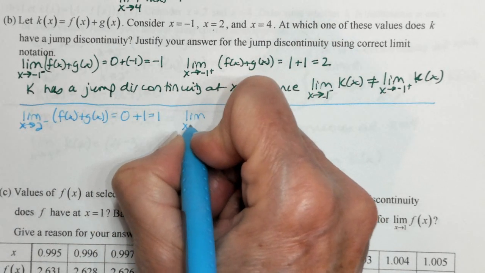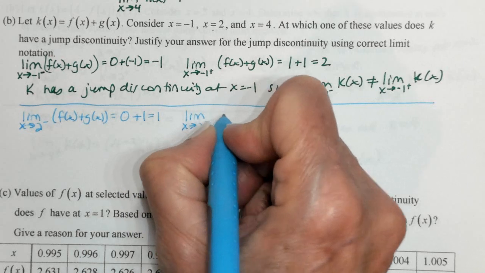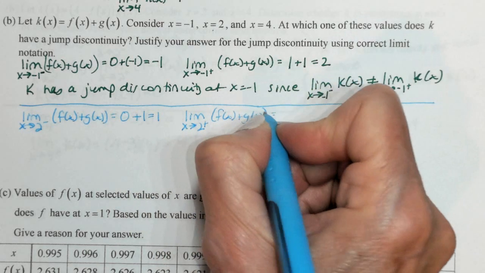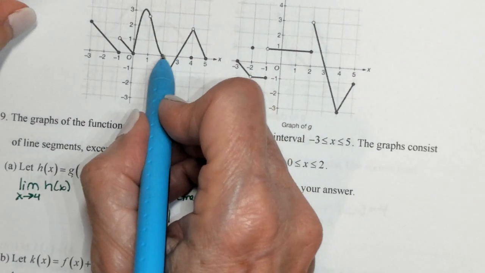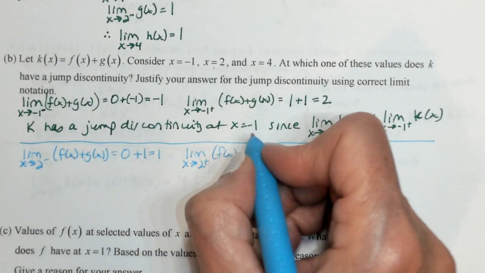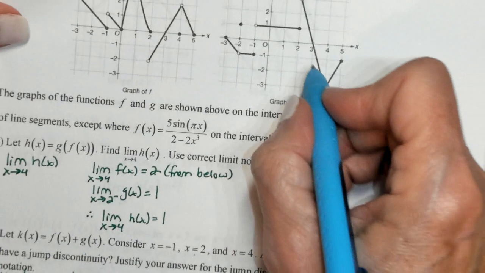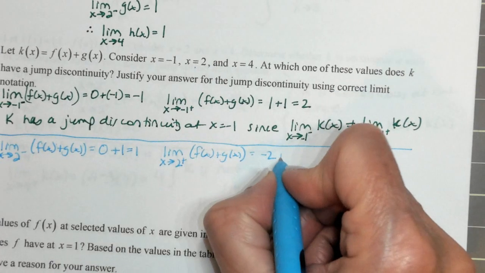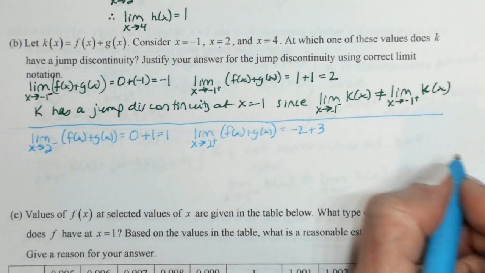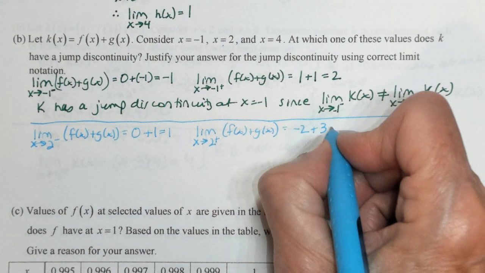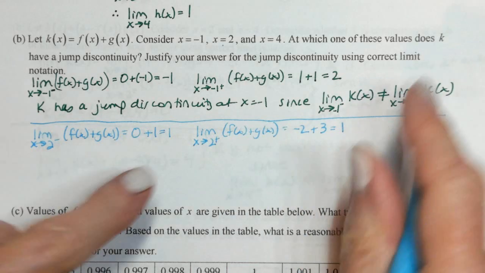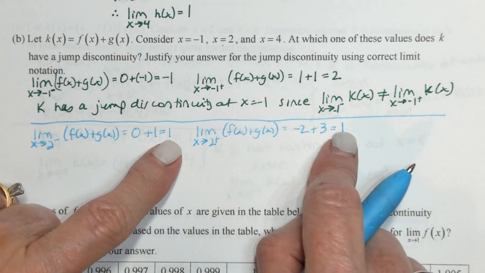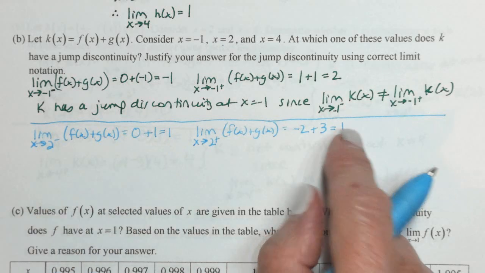Okay, limit as x approaches 2 from the right. 2 from the right would be a -2 for f of x, and 2 from the right would be a 3 for g. So this ends up to be a 1. These two limits are equal.